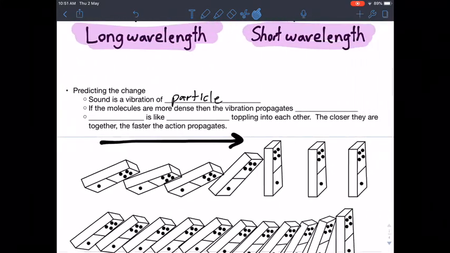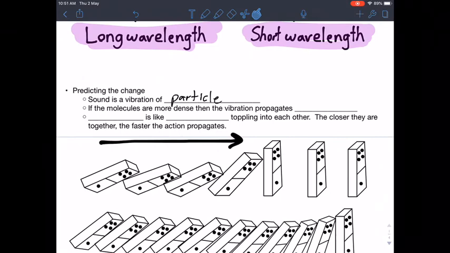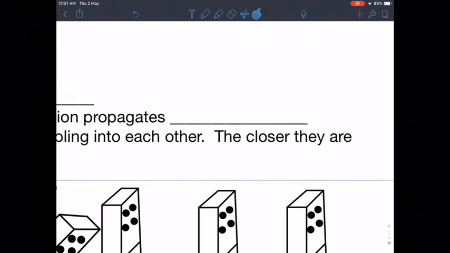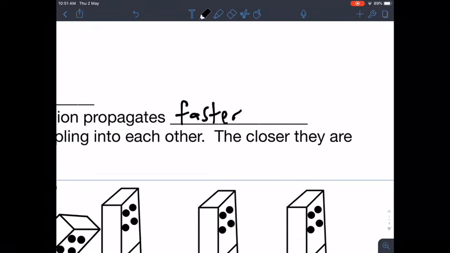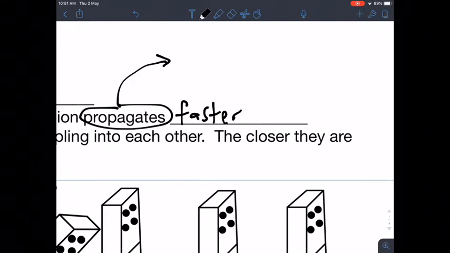Sound can still travel through solids like the earth. And if the molecules are more dense, then that vibration is going to propagate, meaning travel through the media, faster. And in fact, I'm even going to label this word propagate. This is a word we use specifically for waves, and it basically just means move.